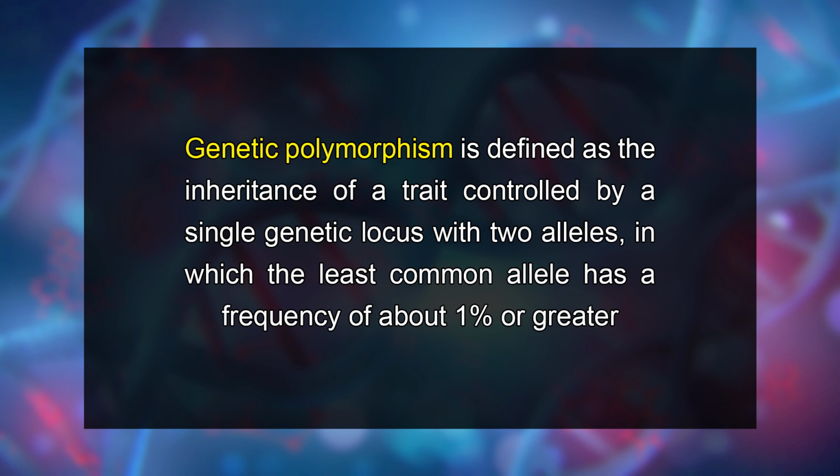Genetic polymorphism is defined as the inheritance of a trait controlled by a single genetic locus with 2 alleles in which the least common allele has a frequency of about 1% or greater. Genetic polymorphism is a difference in DNA sequence among individuals, groups, or populations.